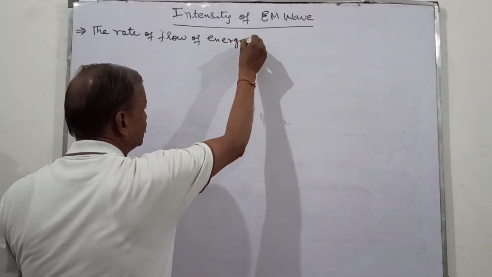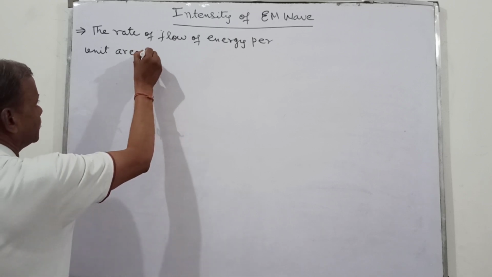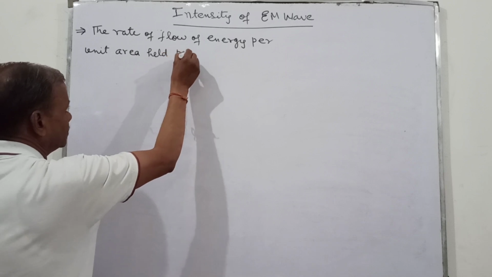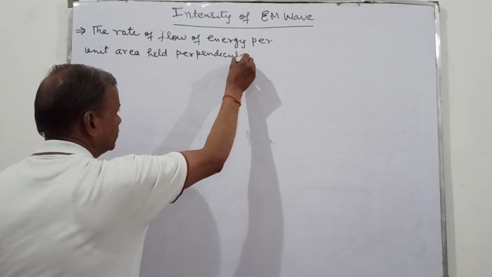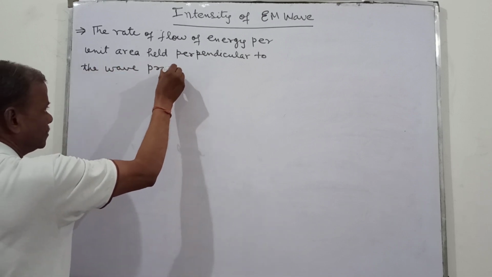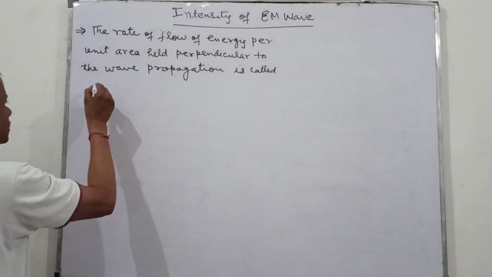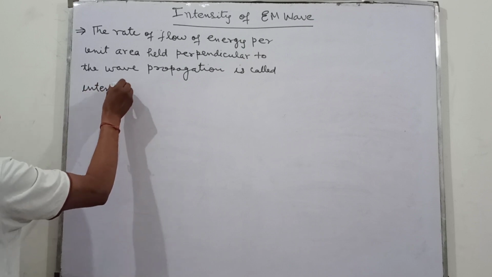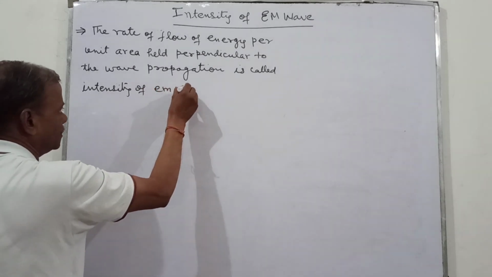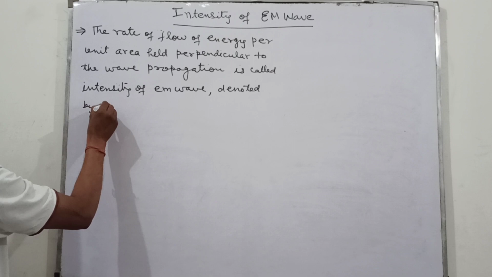The rate of flow of energy per unit area held perpendicular to the wave propagation is called intensity of EM wave, denoted by I.